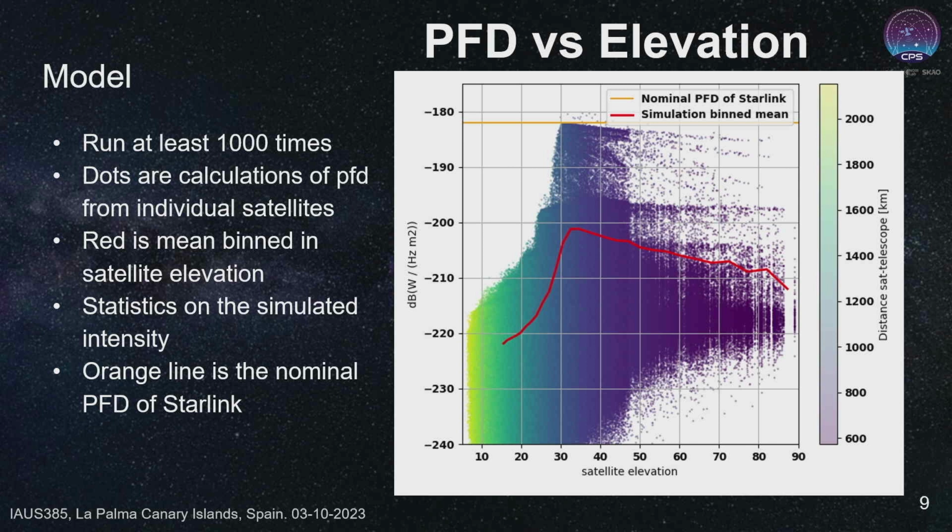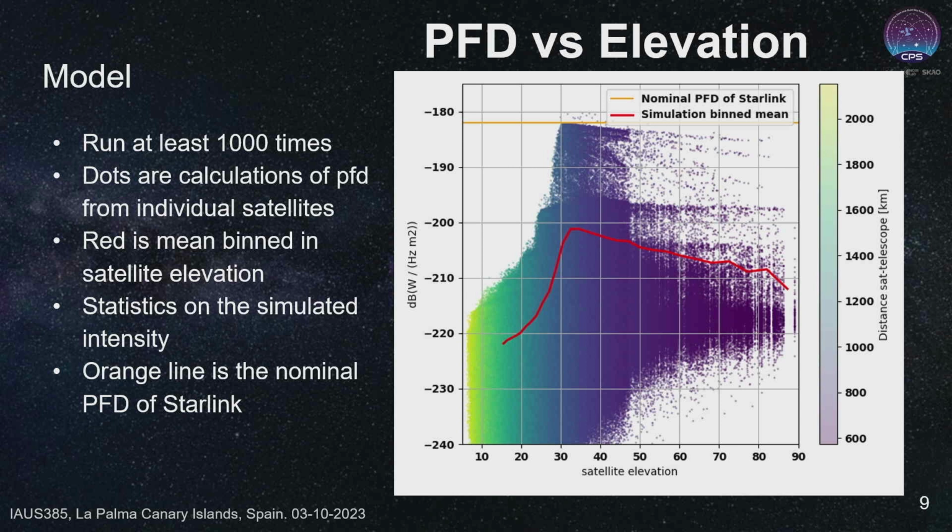Let me check where am I? All right, really late, but OK. So we produced this mean value depending on the elevation of the satellite. And there are some interesting things already here that you can see: in lower elevations, this means satellites that are lower, close to the horizon, right? So you start here at less than 20 degrees.